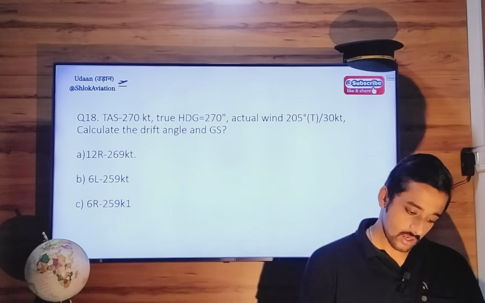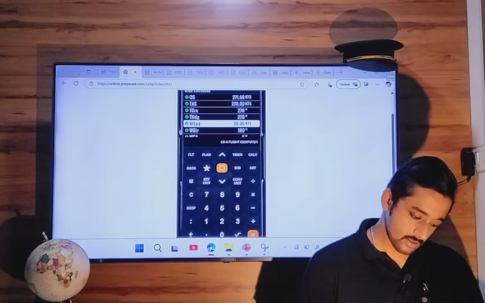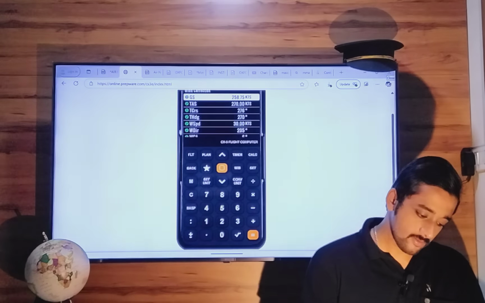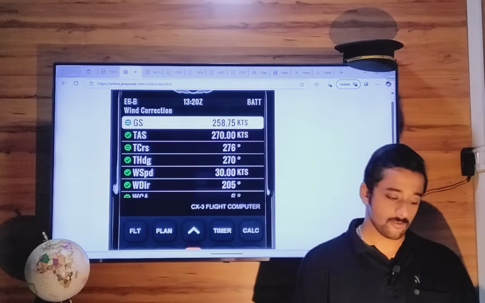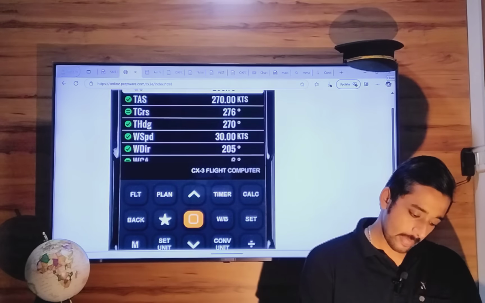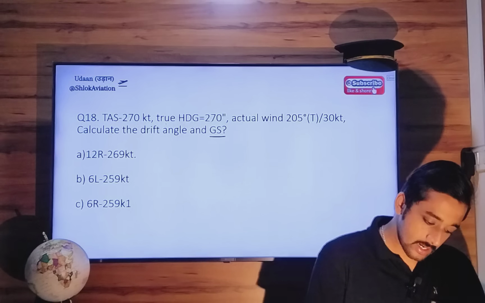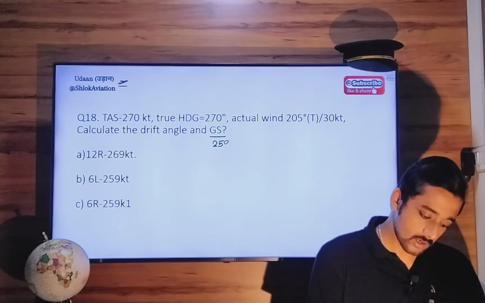Winds 205 at 30. So ground speed will be 258.75 or 259. Okay, ground speed. So ground speed is 259 knots.